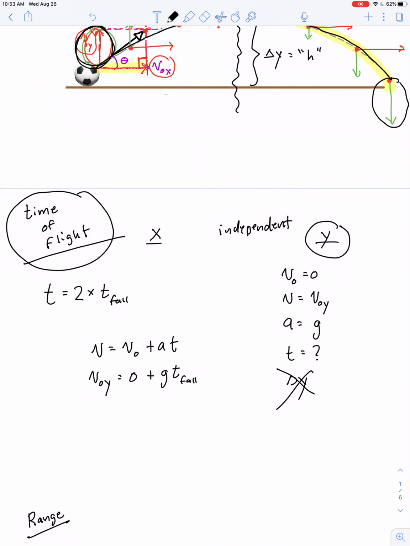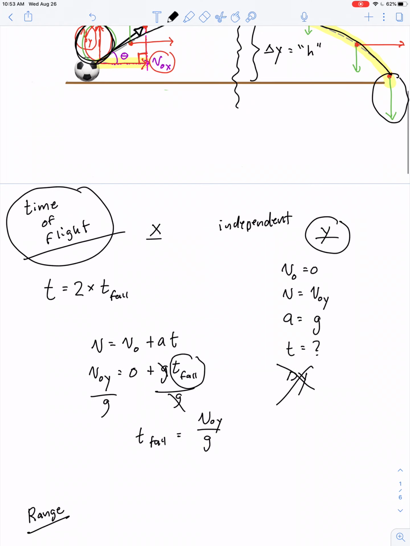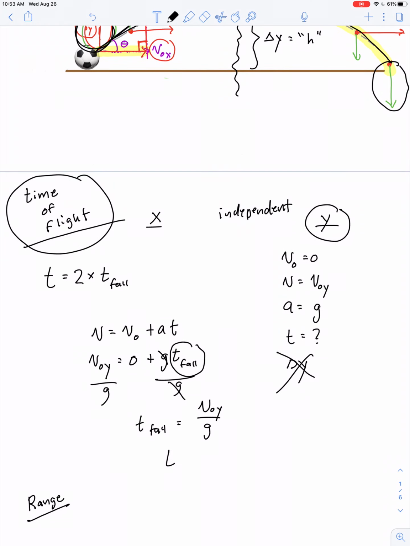So if we rearrange and just divide both sides of the equation by g, then we find that the time it takes to fall is just equal to the initial vertical component of velocity divided by g. So the total time is 2 times the initial vertical velocity divided by g.